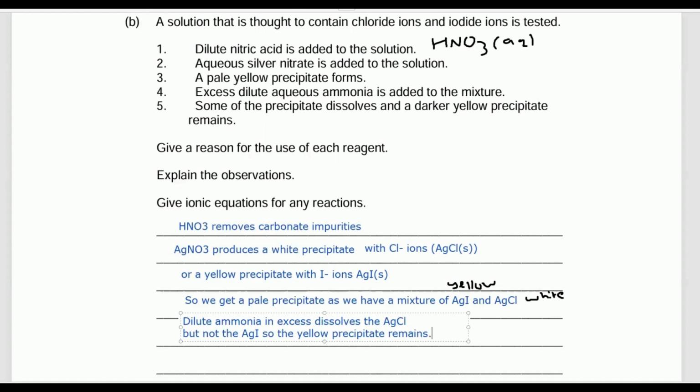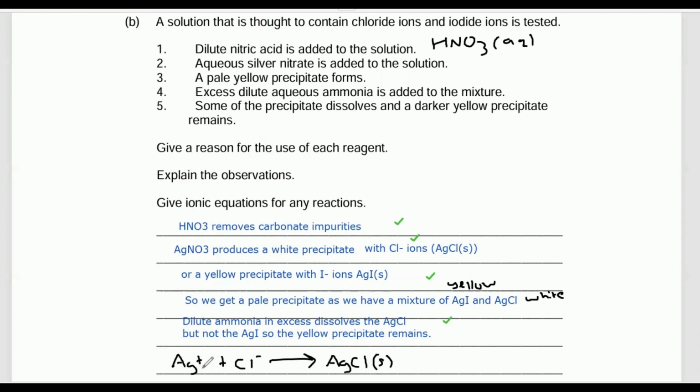And now we need to write out the equations for that, because we've explained the observations. That's going to be at least 3, maybe 4 marks. We want the ionic equations. I'm going to do them here because I'm running out of space. So Ag+ plus Cl- goes to AgCl.